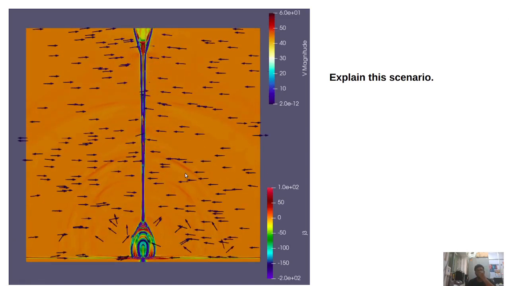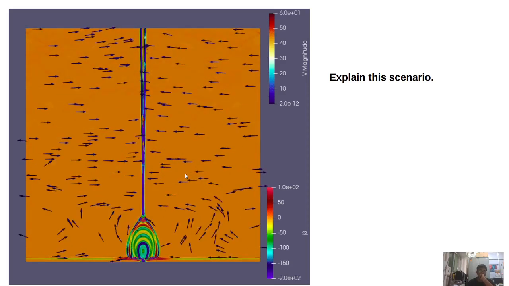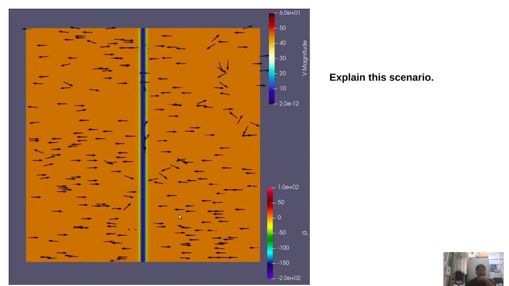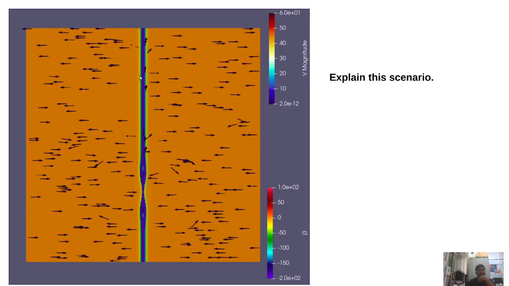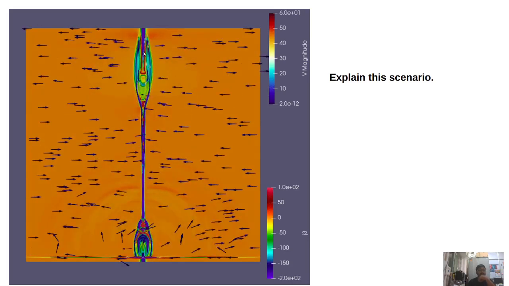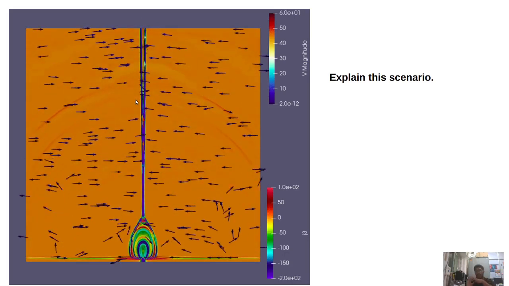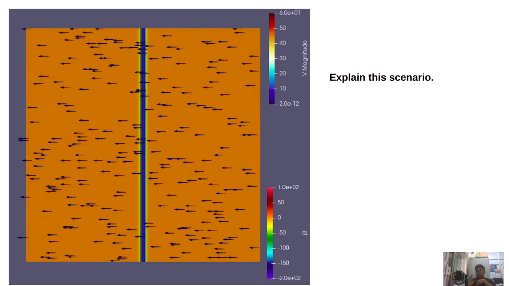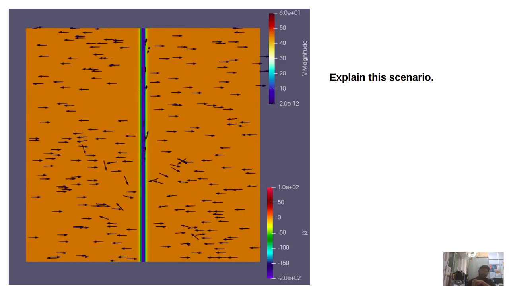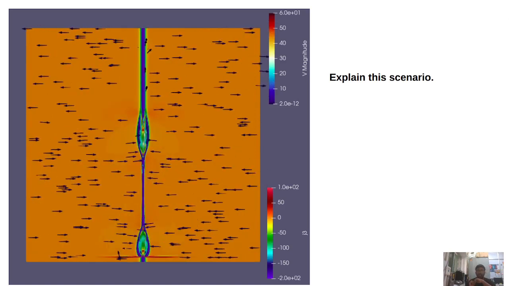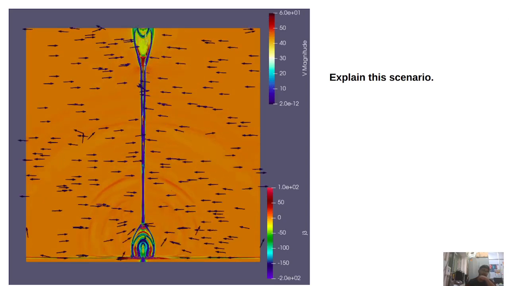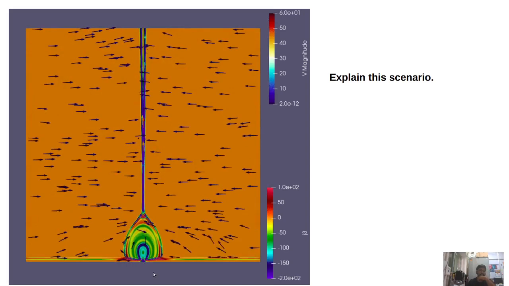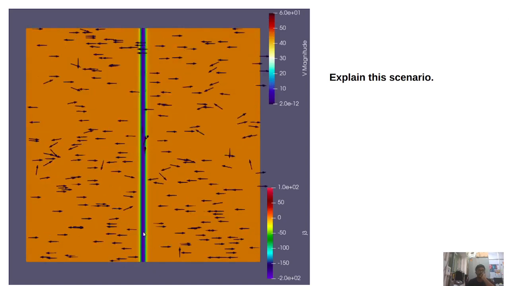The plot for the magnetic field lines is not available, but you can find that the field lines on either side of this current sheet will have different orientation. They can be very much anti-parallel to each other. So you have anti-parallel field lines, and in between you have a current sheet.